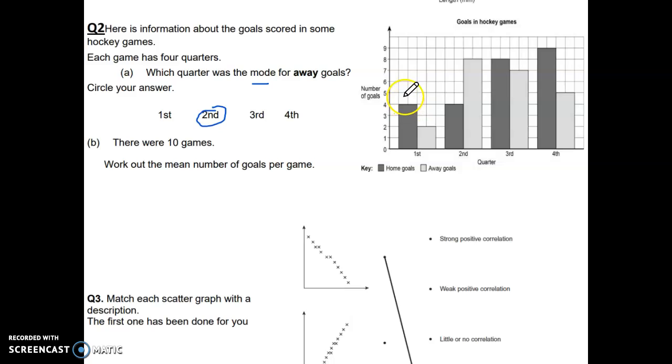So 4 plus 2 plus 4, we're up to 10 so far, plus 8 is 18, plus another 8 is 26, and then plus 7 is 35, and then plus 9, 44, plus 5.